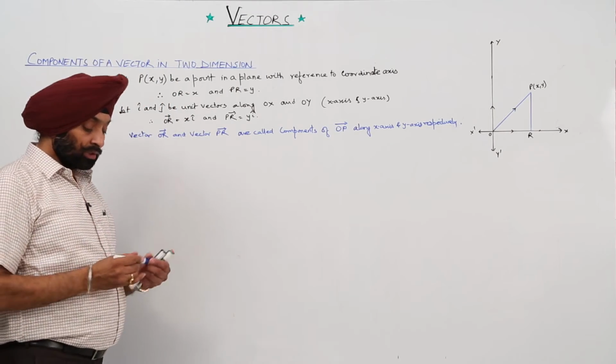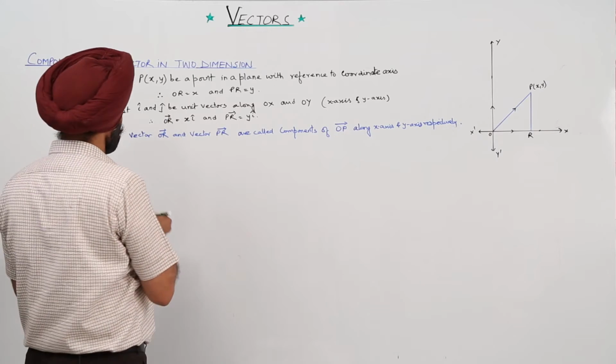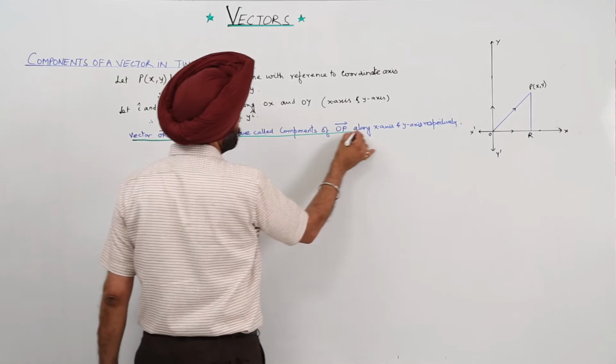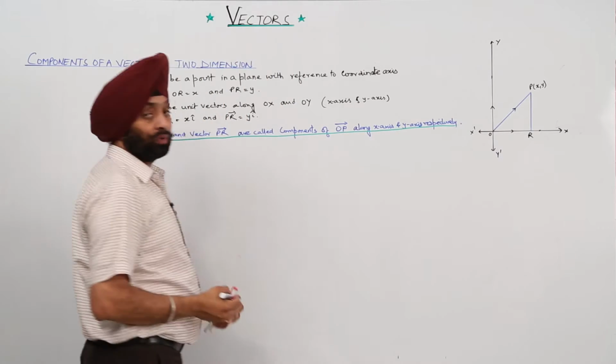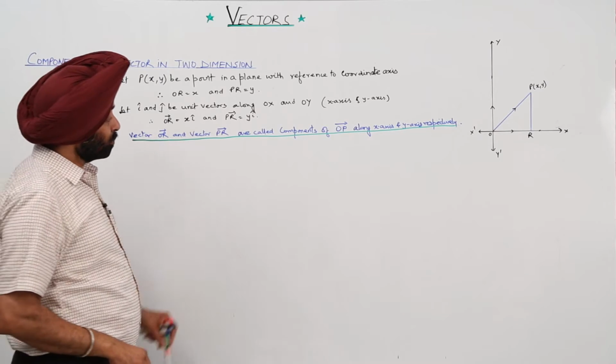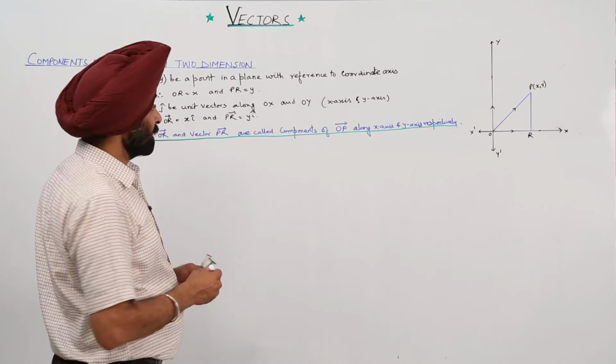So this is our heading, components of a vector in two dimensions. This one is the main line which we have to go through: vector OR and vector PR are called the components of OP along the x axis and y axis respectively.